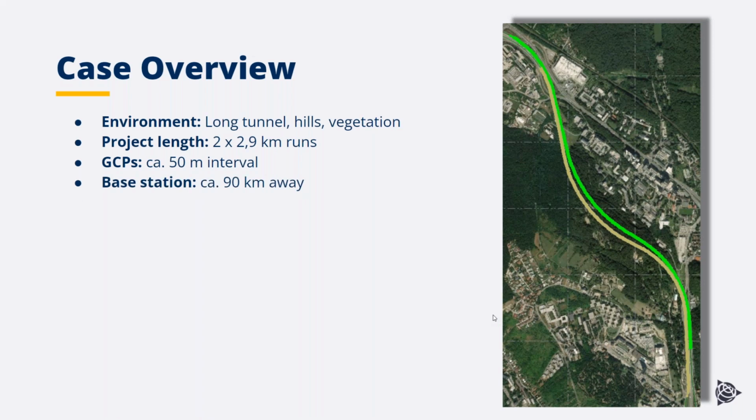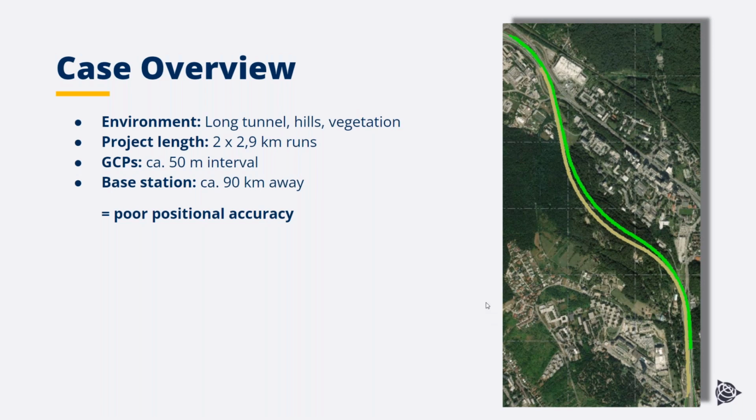One main factor here is that our base station was roughly 90 kilometers away, which is way too much. Usually we would say that a reasonable maximum distance for a base station is 20 to 30 kilometers from your trajectory. So 90 kilometers is for sure too much. And all of this led to poor positional accuracy.